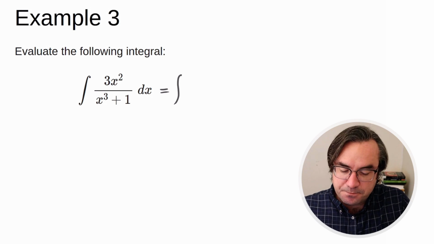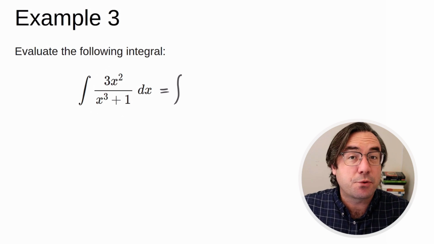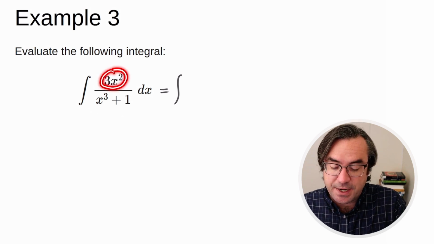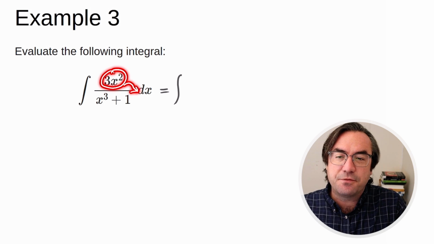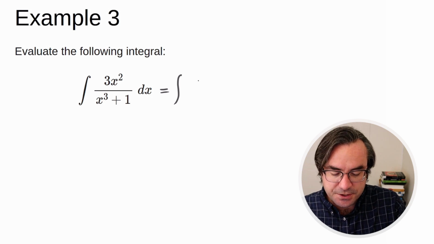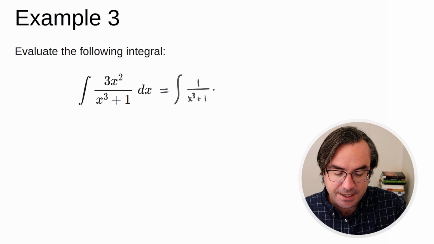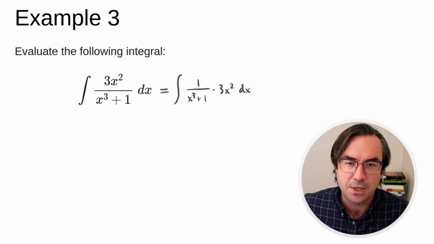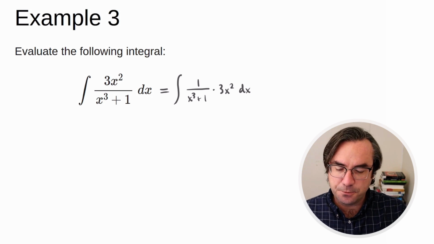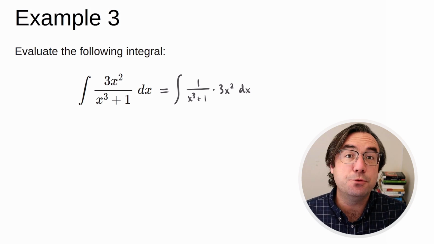So we have a fraction, and sometimes a useful thing to do is to break that fraction apart. So we're going to take this 3x squared, peel it off, and put it next to the dx there. So this is going to give us 1 over x cubed plus 1 times 3x squared dx.